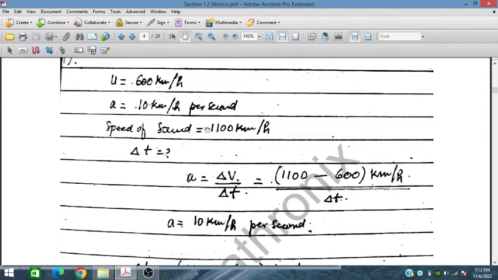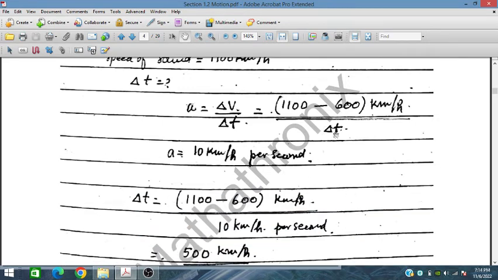The acceleration is given as 10 kilometers per hour per second, and we have to find this delta t. So we place this value here and we'll find this delta t.